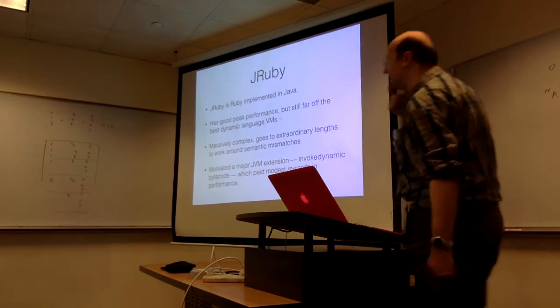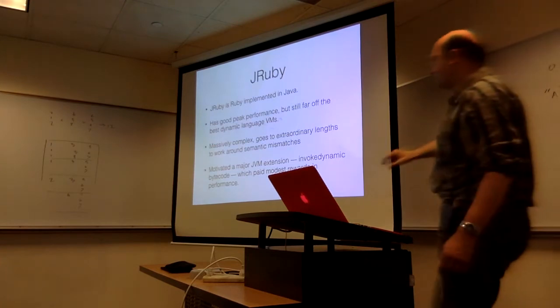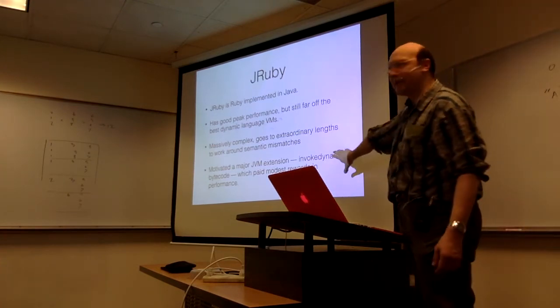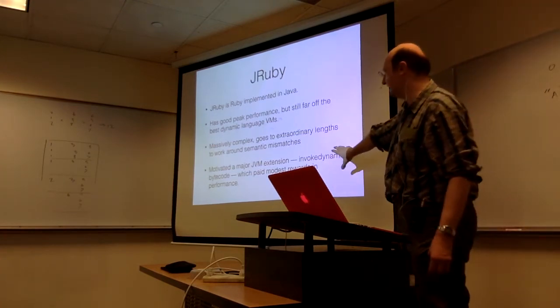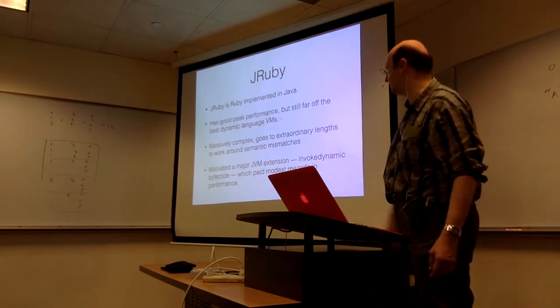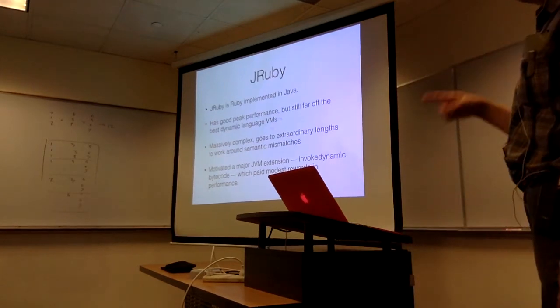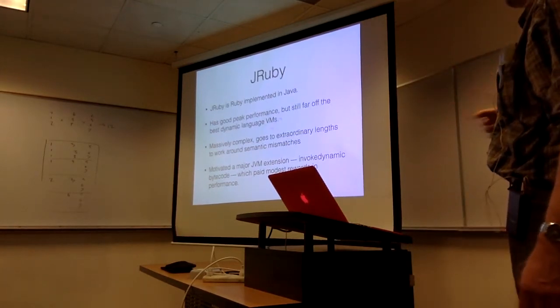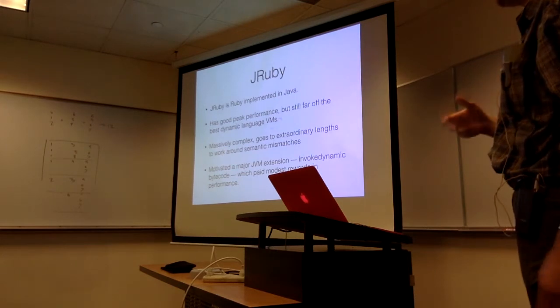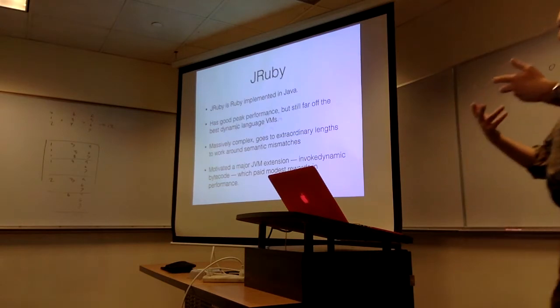It was also probably the biggest driving force behind the biggest sort of semantic extension to the JVM in recent history, which was the addition of the invoke dynamic bytecode, which unfortunately we didn't have time to go into before. Invoke dynamic is a way of invoking kind of arbitrary lookup in the JVM.